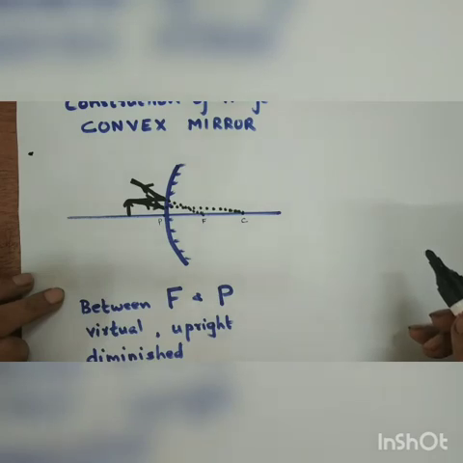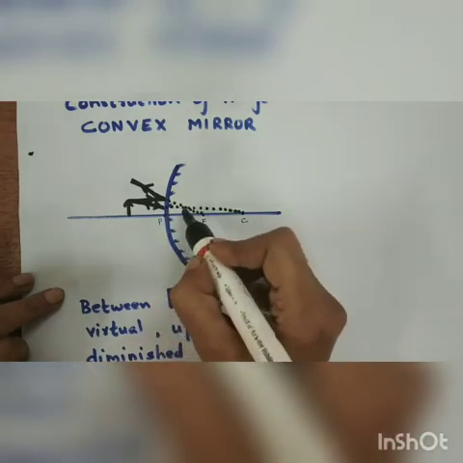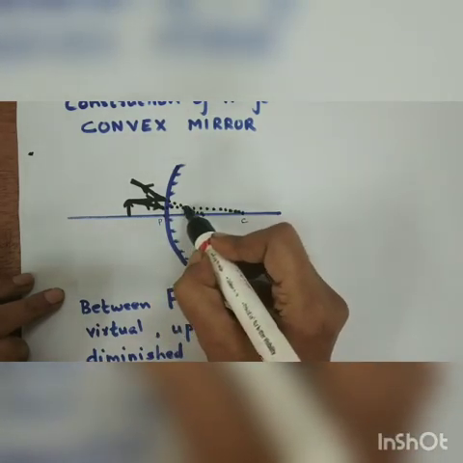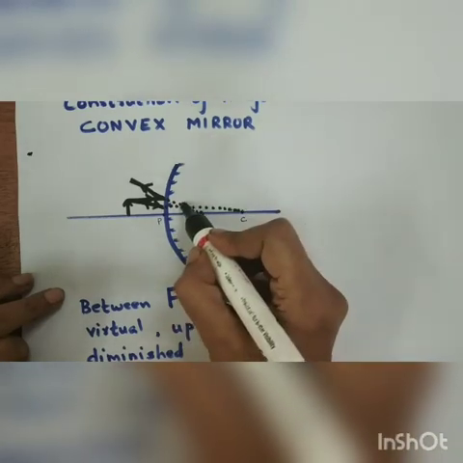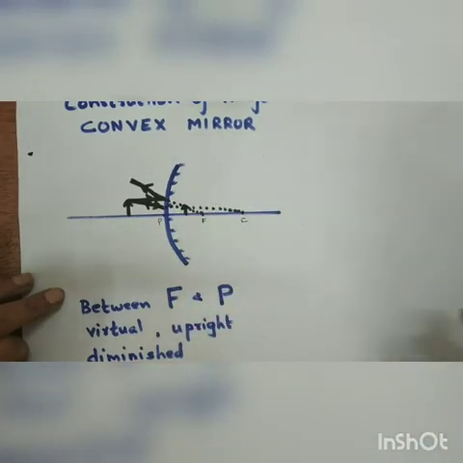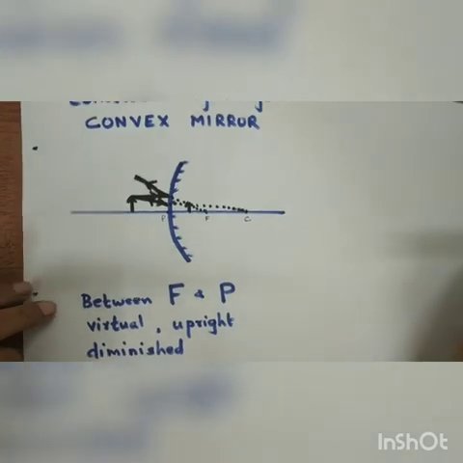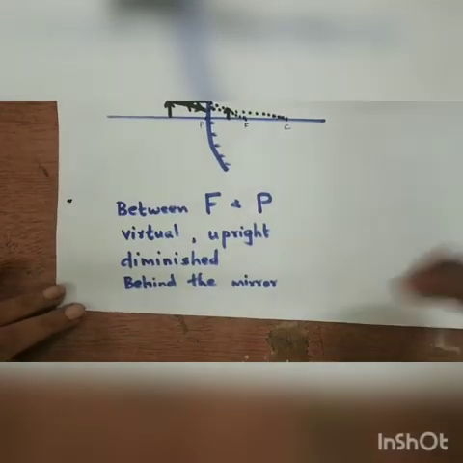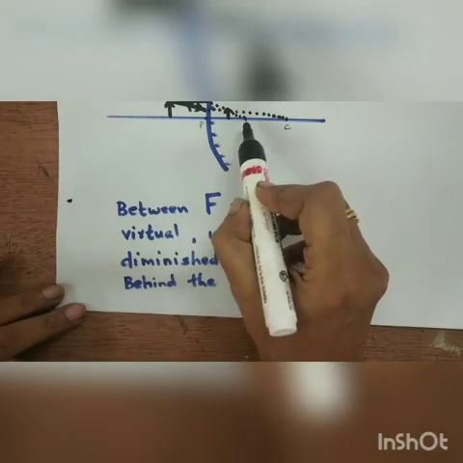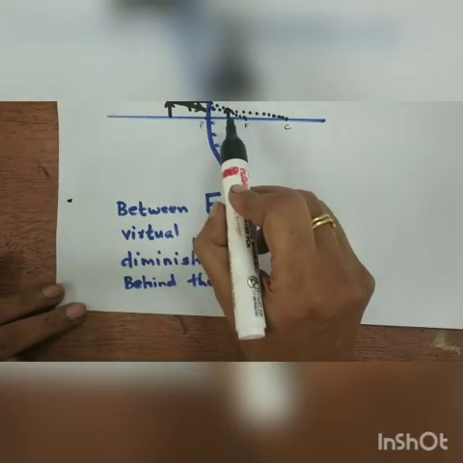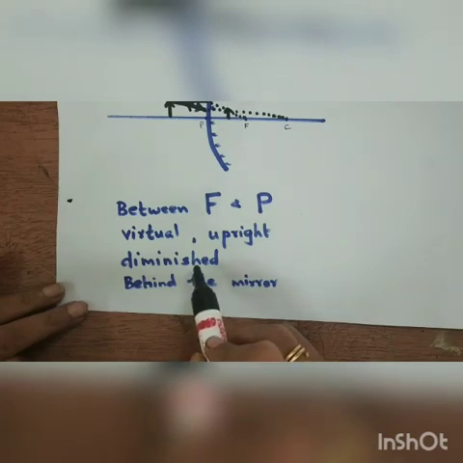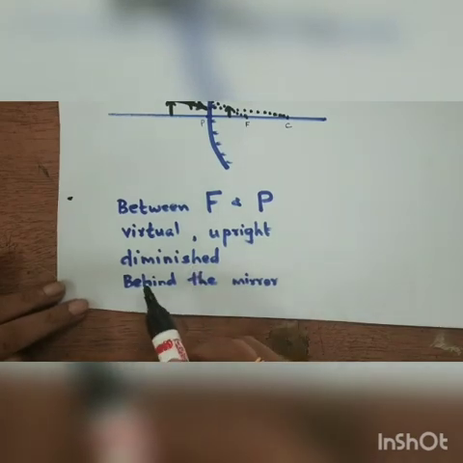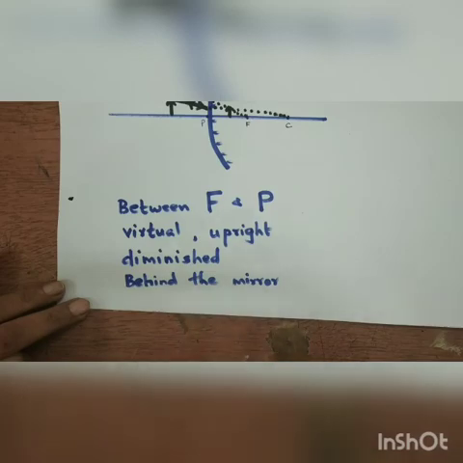So these two imaginary lines appear to meet over here. This is the position of the image for a convex mirror. So where is the image formed and what are the characteristics? The image is formed between the focus and the pole. It's a virtual image. It's an upright image. It's smaller than the object, so it's a diminished image, and it is formed behind the mirror.